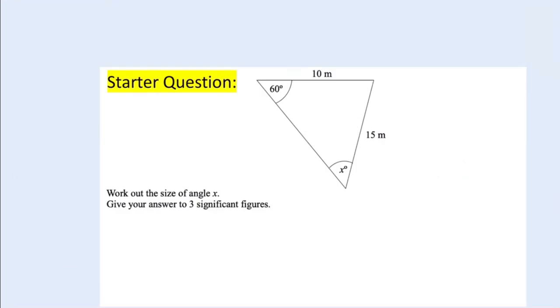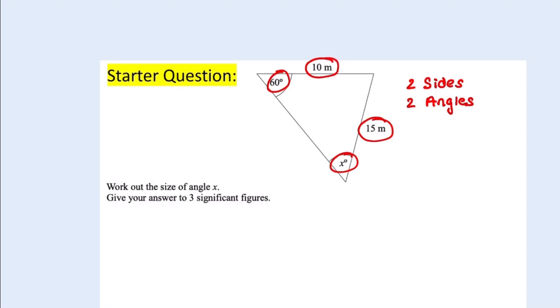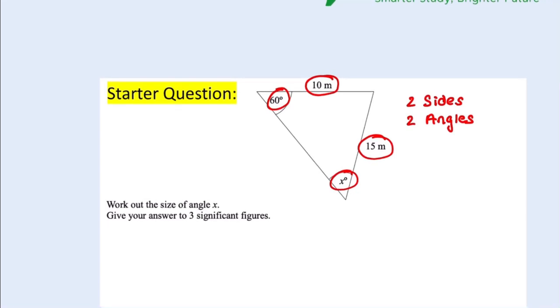You've got two sides, and two angles that are involved, because that's involving x. When we involve x, we've got two sides and two angles, including x. This is basically when you use the sine rule.